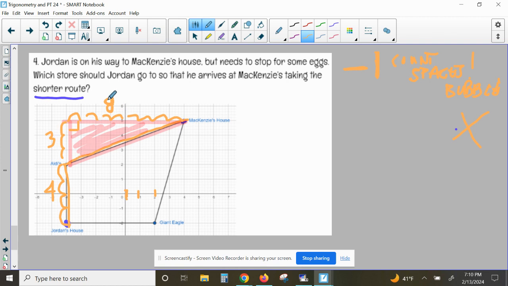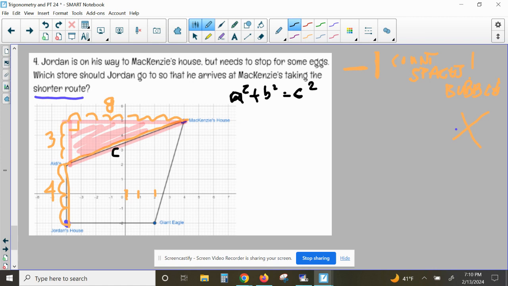So I'm going to have to do the Pythagorean theorem. Remember, this diagonal side is the hypotenuse, the C. The A and the B could be these 2. So I have A squared plus B squared equals C squared.